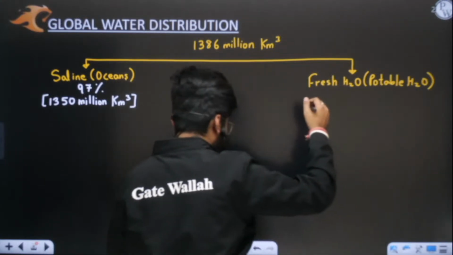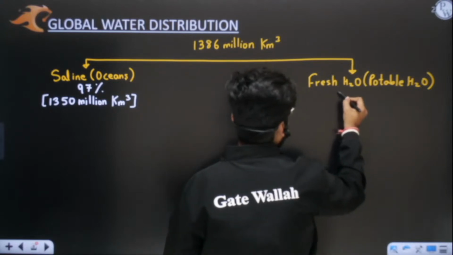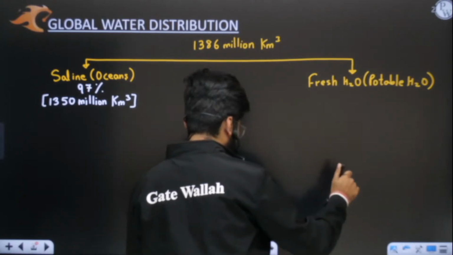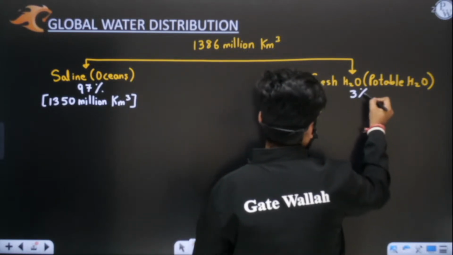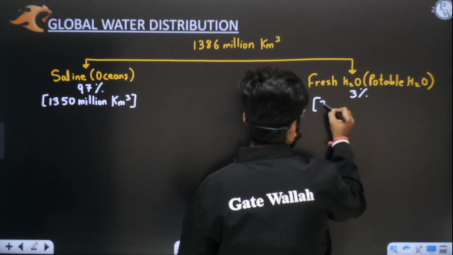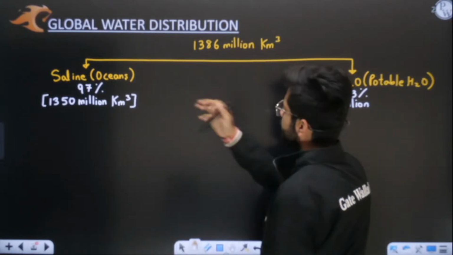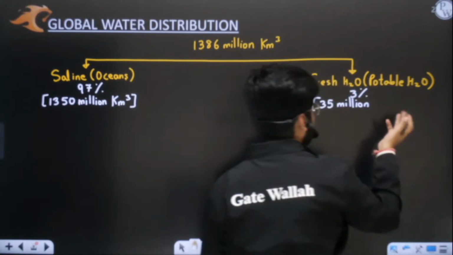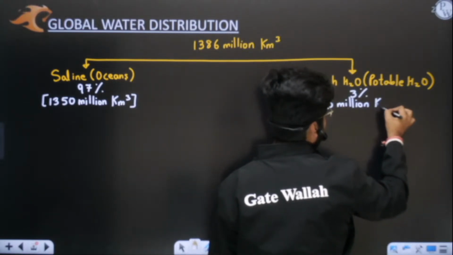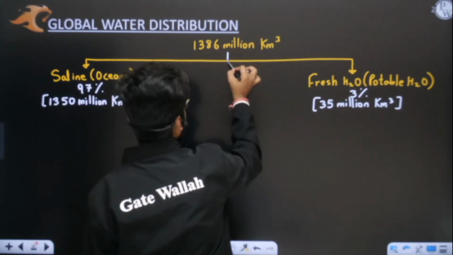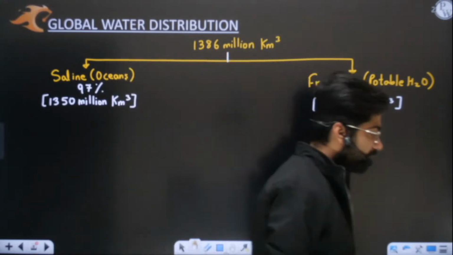Approximately you can say 35 million kilometer cube, that is approximately 3%. You can subtract 1350 out of 1386, so it will be approximately 13.5 million kilometer cube. You can remember this figure roughly as 1400. Yes or no?